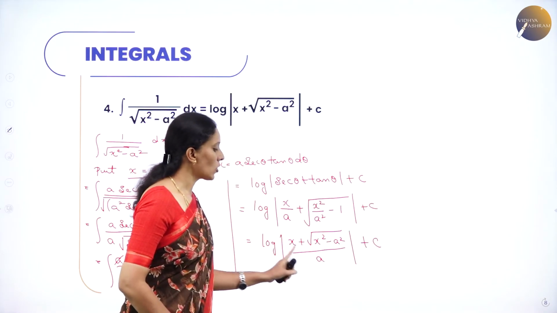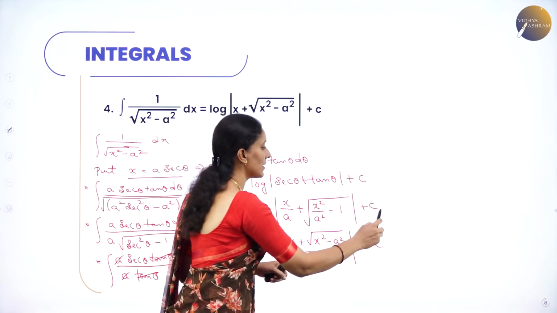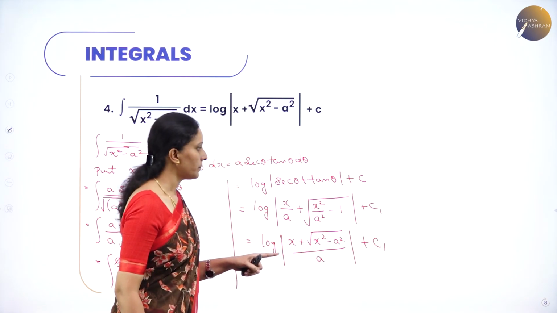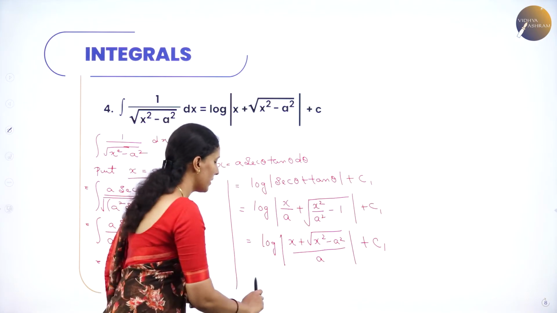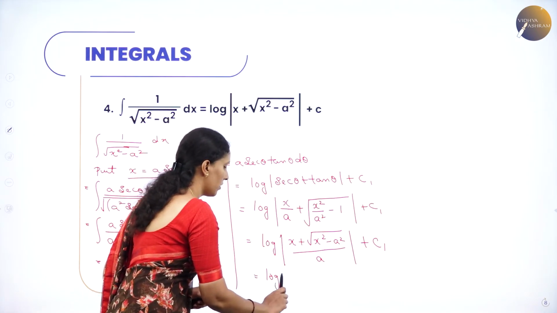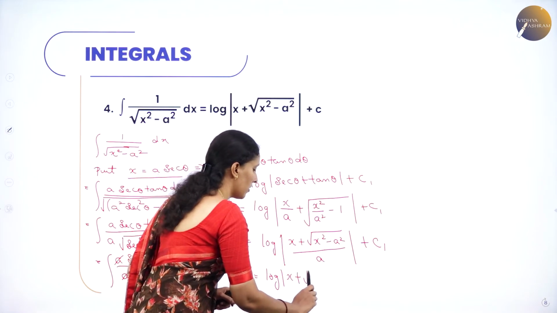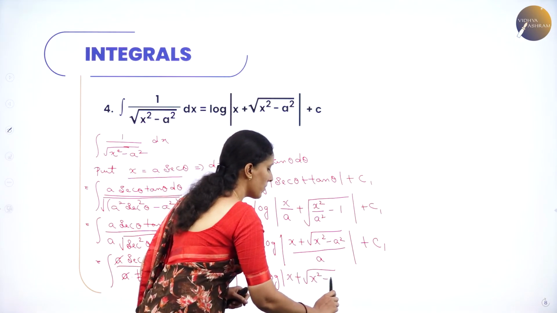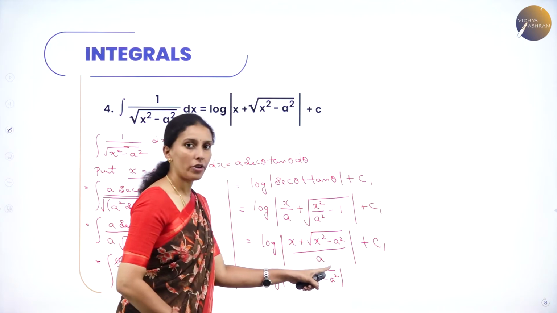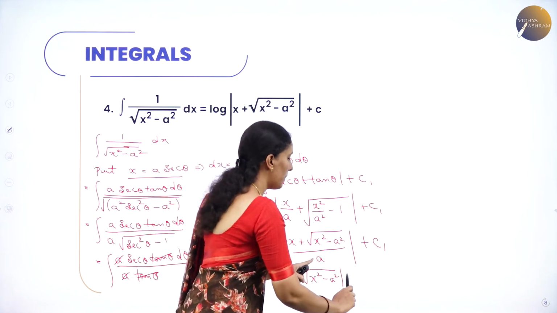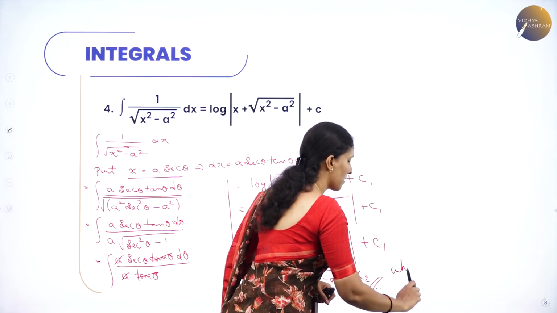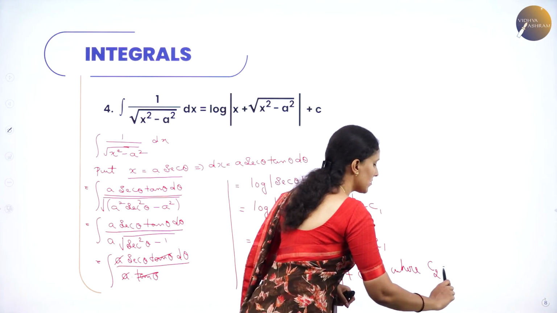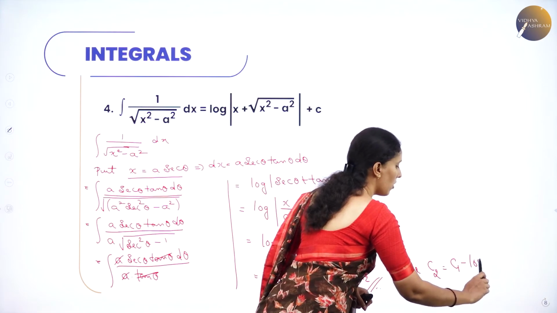So log a is also constant, so you can replace it as c1 here. So this can be written as log of x plus root of x square minus a square minus log a. Now plus c2 I will take, where c2 is c1 minus log a.